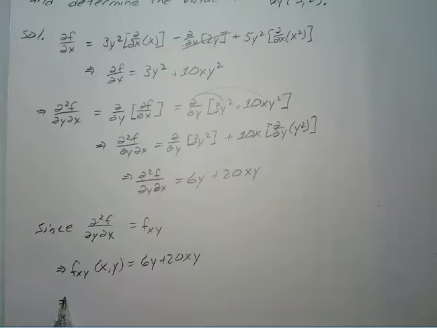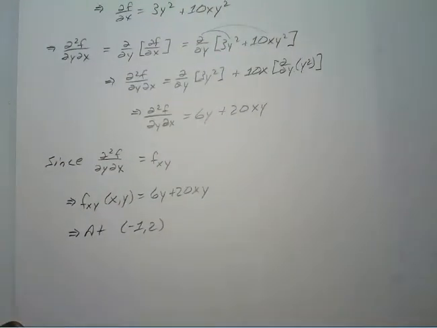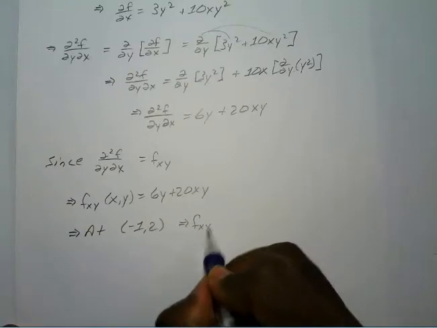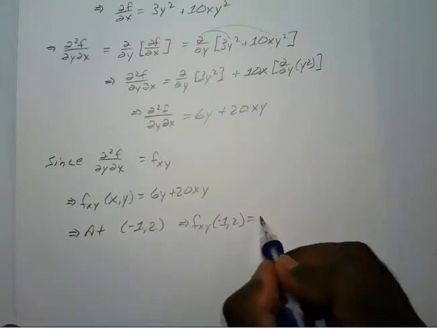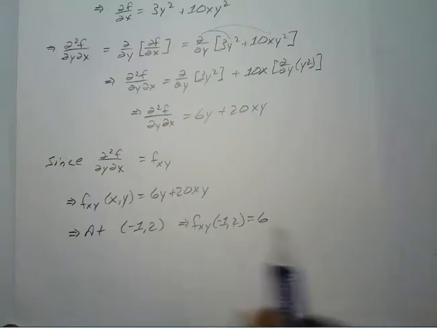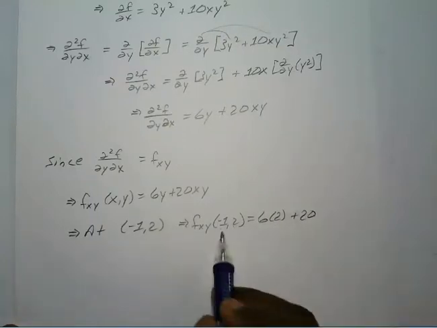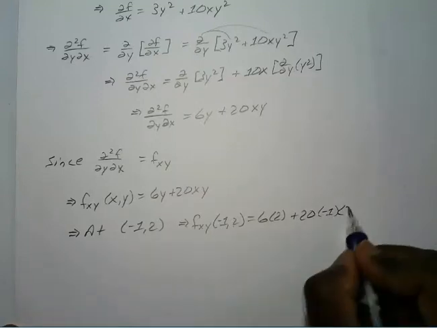So that means at the point -1, 2, our partial with respect to x then y of -1, 2 equals 6, our y is equal to 2, plus 20, our x is -1, and again, our y is equal to 2.